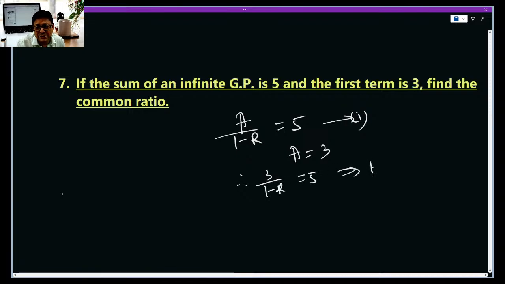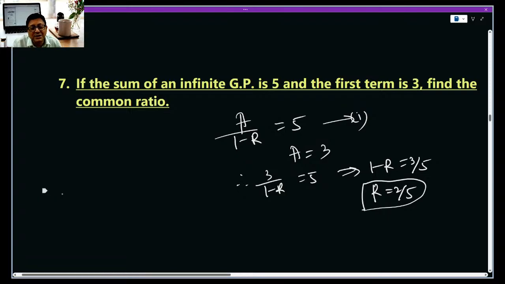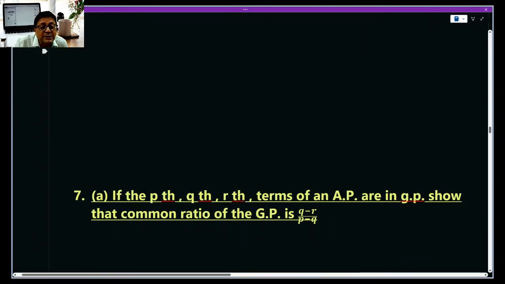I have given this practice sum. So r equal to 2 by 5. Now suppose r is equal to 5 you got, or 3 you got. Can this be the answer? No. r can never be greater than 1. For an infinite GP, r is always less than 1. Let us go for next one.